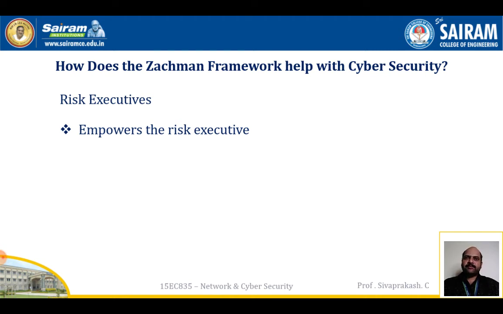Next, the Zachman framework empowers the risk executive to have visibility in the enterprise in the context of making wise decisions in order to manage the enterprise's security risk. The risk executive ensures that from inception, every decision leading to an IT project and an IT system will consider security risk from day one.